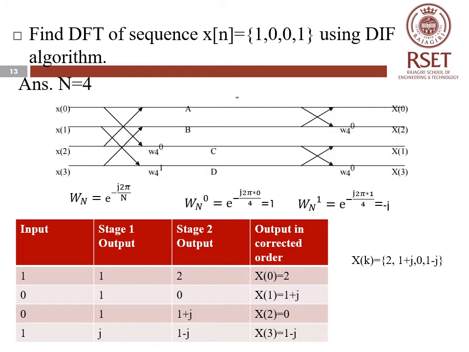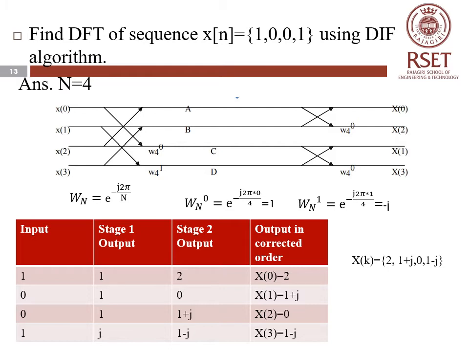Next value is 0 plus 1, which is again 1, and then the next value is 1 minus 0 into 1, which is 1 again, and the last value of the stage 1 output is 0 minus 1 into minus j, so minus 1 into minus j is plus j.